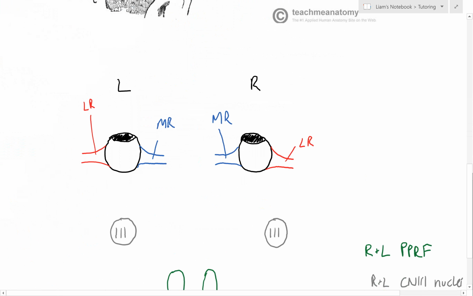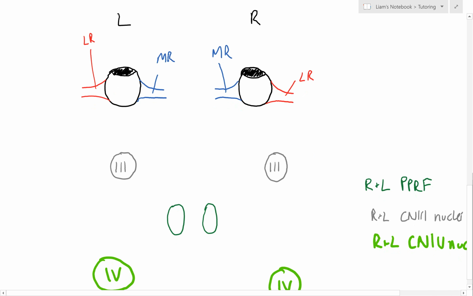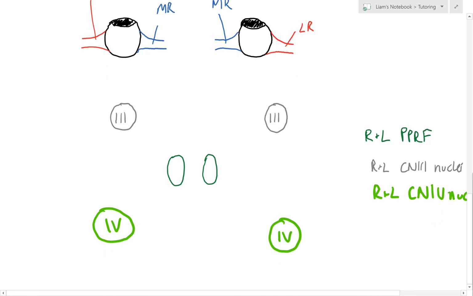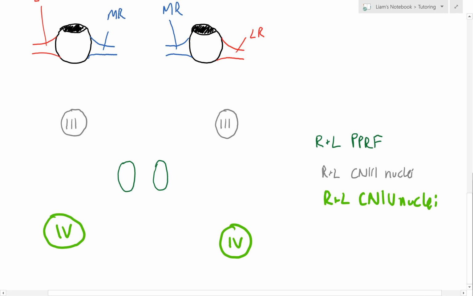So, if we keep going down now, this is the pathway here that we're going to draw out. I've got a key on the side here with the PPRF, that's the Pontine Paramedian Reticular Formation I was talking about before. Now, this is kind of interesting.